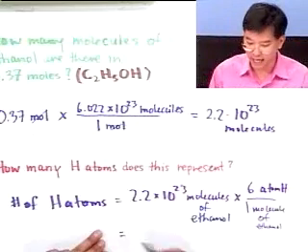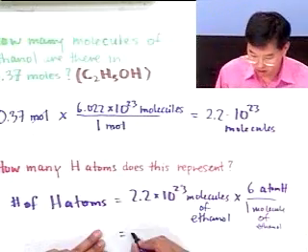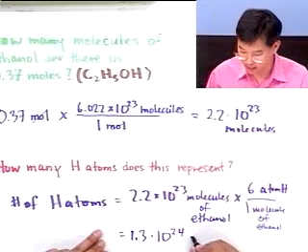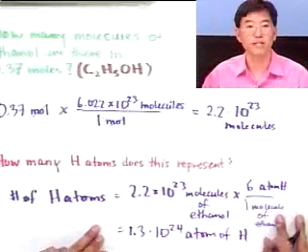And if we work that out, times 6, we get 1.3 times 10 to the 24th. And this is now atoms of hydrogen.